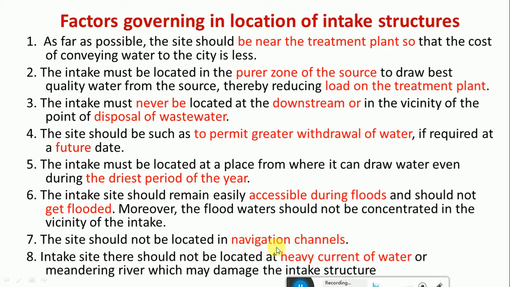The water may be polluted because of the travel of people, the throwing of debris, or oil spillages from the ships and boats which navigate people and material from one place to another. So it should not be located in navigation channels, and it should not be located at a heavy current of water or a meandering river which may damage the intake structures.